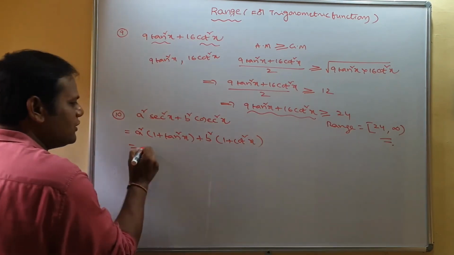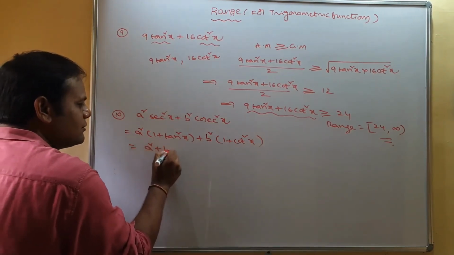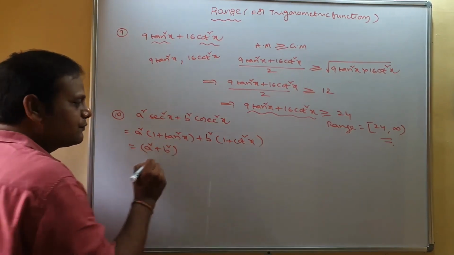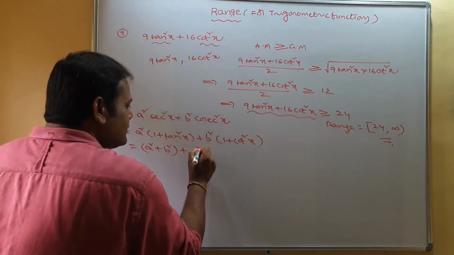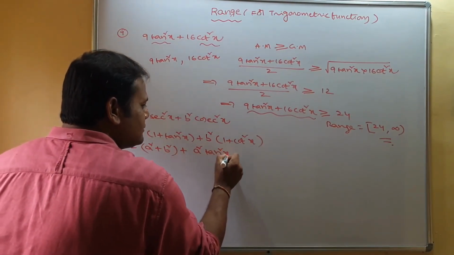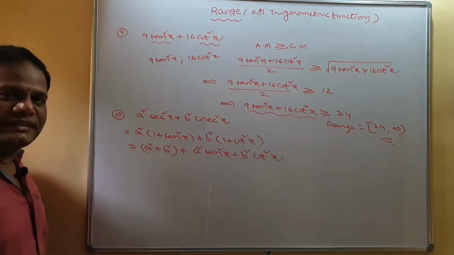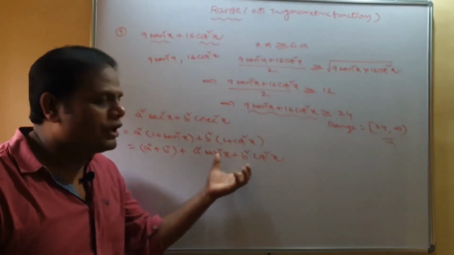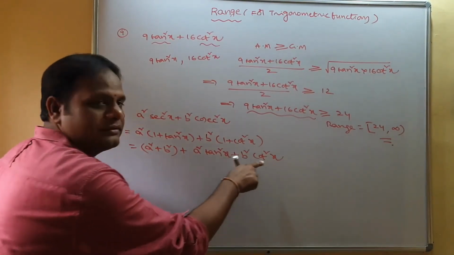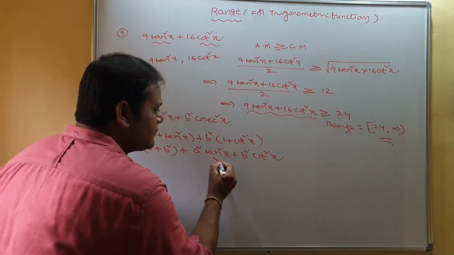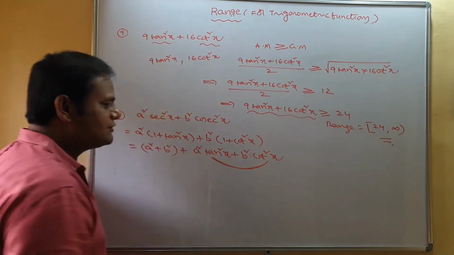So finally we get a square plus b square plus a square tan square x plus b square cot square x. Is it clear? Right.